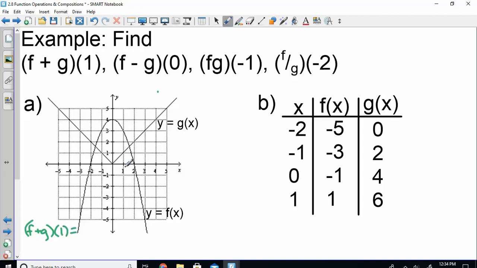So when x is 1, what's the y value of f? That's a positive 3. Plus g of 1. When x is 1, the y value of g is 1. And then 3 plus 1 is 4.